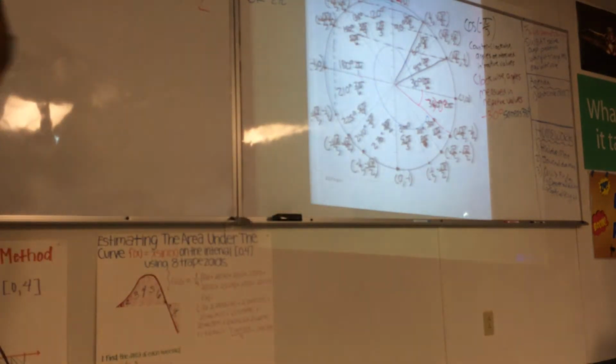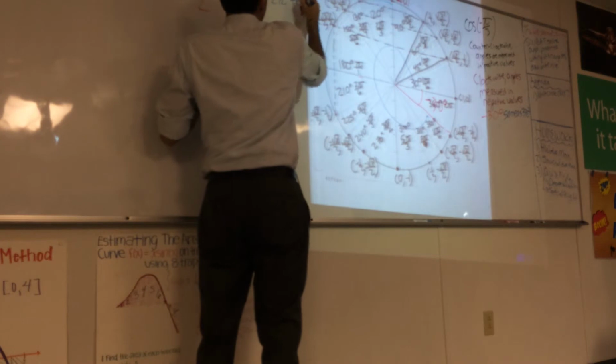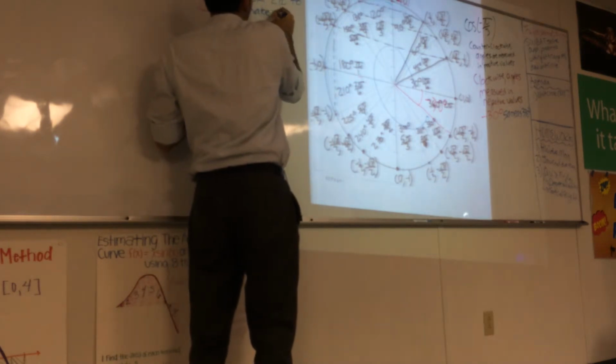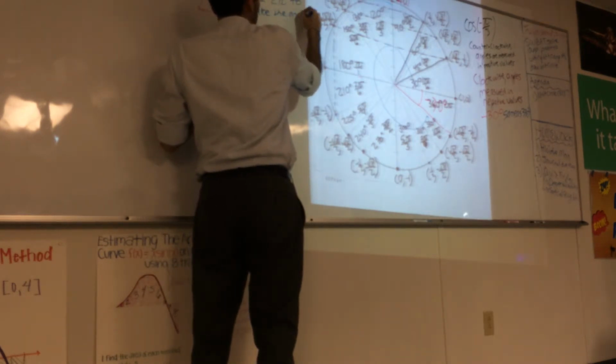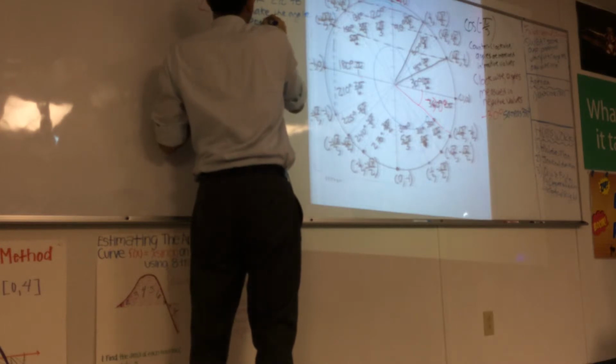If the angle's in radians, we want to add 2 pi, not 360, to make the angle positive.